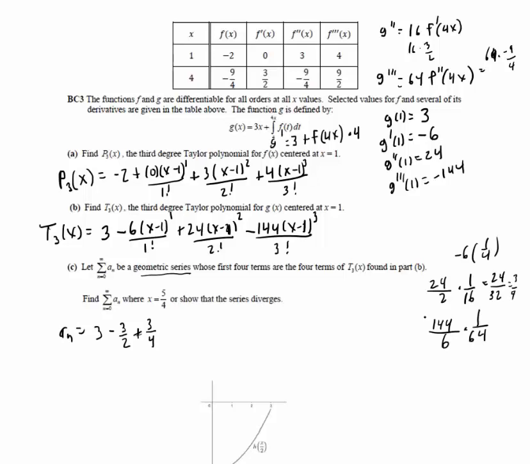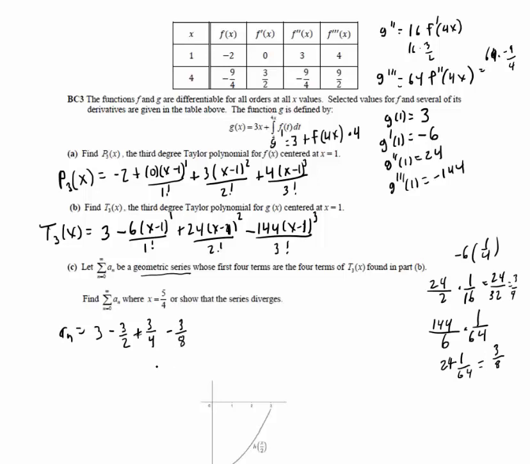What I would probably do is 144 divided by 6 first. That looks like 24 times 1 over 64. Those are divisible by 8. So 24 divided by 8 gives you 3, and 64 divided by 8 gives you 8. So the next term will be minus 3/8.